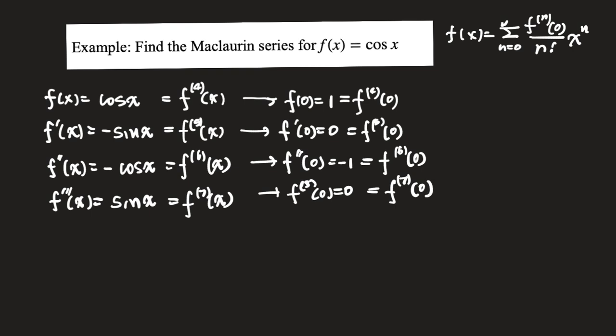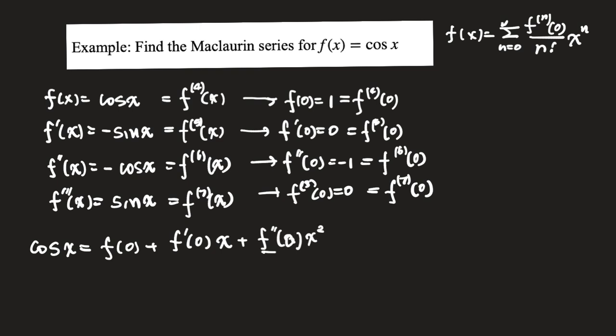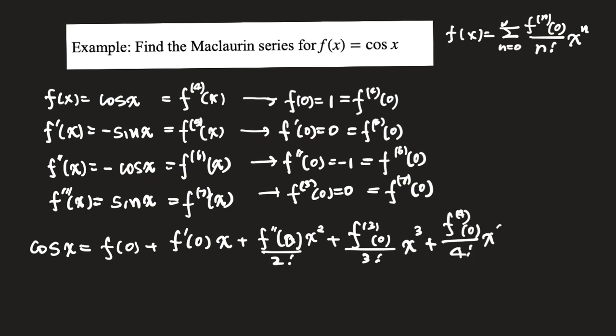Now let's find the Maclaurin series for cosine. Cosine x is, expanding this form first, f of 0, plus f prime of 0 times x, plus the second derivative at 0 times x squared over 2 factorial, plus the third derivative at 0 over 3 factorial x cubed, plus the fourth derivative at 0 over 4 factorial x to the fourth power.